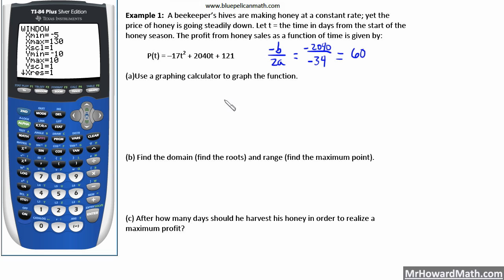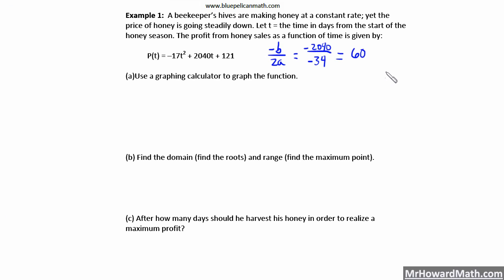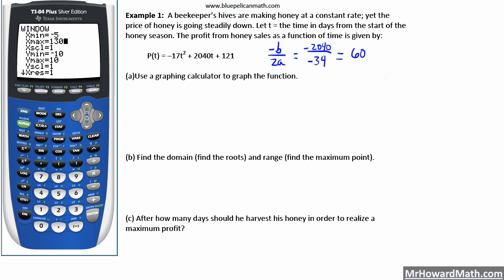Alright, now to set our y minimum, y maximum, we want to try to get the y coordinate of the vertex. Notice this has a negative term right here, so this is a parabola shaped like this, right? It's opening downward because of this negative term here. So to find the y coordinate of our vertex, we just plug in 60 for t here, and we can have our calculator actually do that for us.